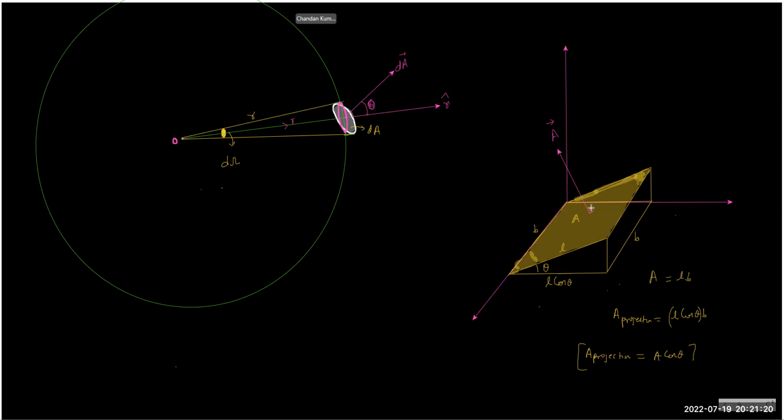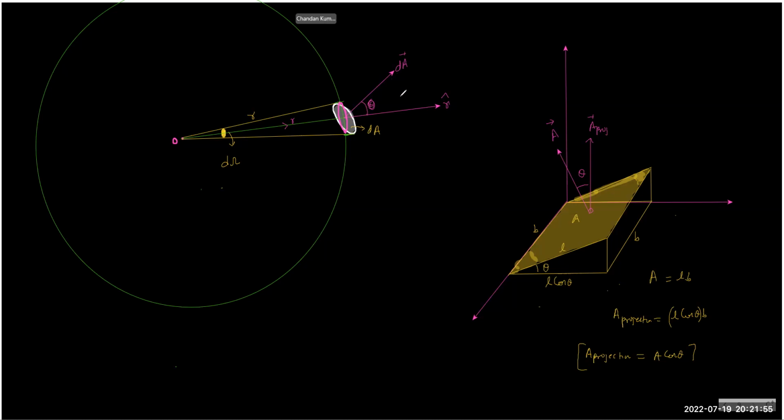If I draw a vertical line, this is the area vector of the bottom, correct? And fortunately, this theta will also become the theta here. So the A projection will be A cos theta. So this is the bigger one. The way we resolve vectors, we can think that way also.